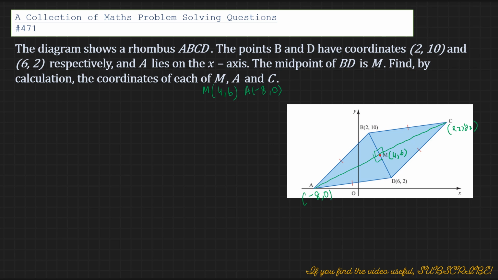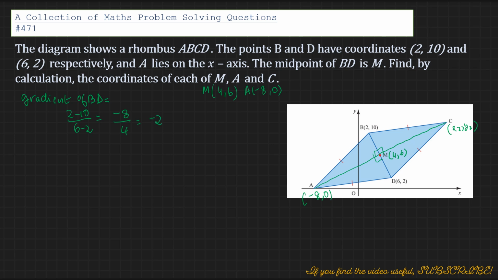Okay, so the gradient of BD would be y2 minus y1 over x2 minus x1. So we do 2 minus 10 out of 6 minus 2, and that is minus 8 out of 4, and that is minus 2.